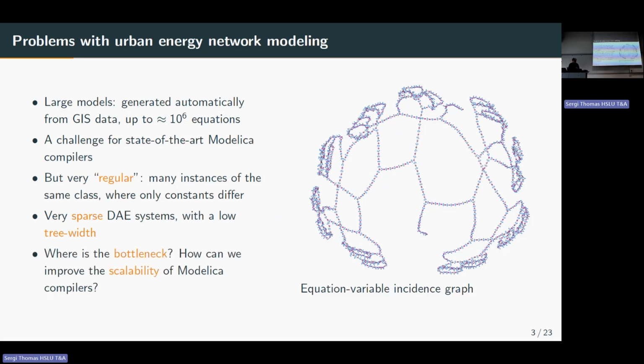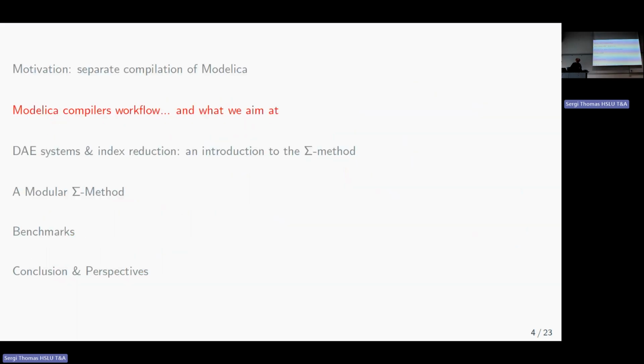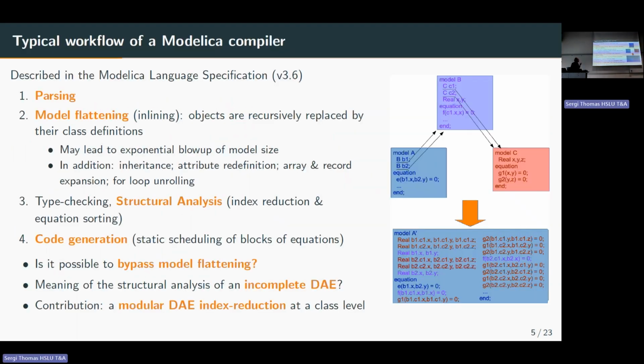But before we move to this, we should try to understand what is the bottleneck in existing Modelica tools and how we can improve the scalability of Modelica tools. So how does a Modelica compiler work? More or less, the workflow is as follows. You have the parsing of the source Modelica code, and then you have an inlining of all the components inside each class instance.